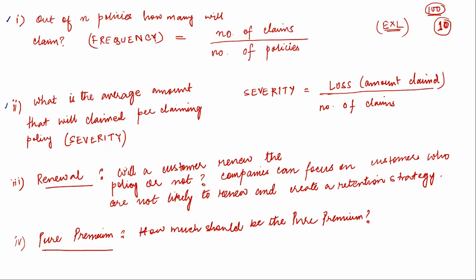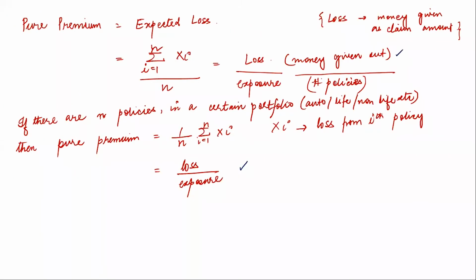So you need to make sure that the loss that you incur out of those 5 or 6 cases, you distribute over the entire list of policies. The money that 5 people will claim, you need to distribute that loss over the entire portfolio of policies.